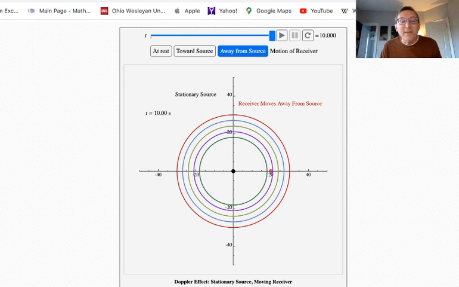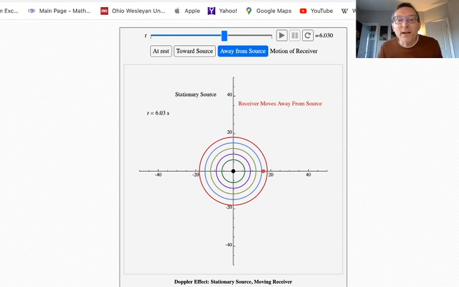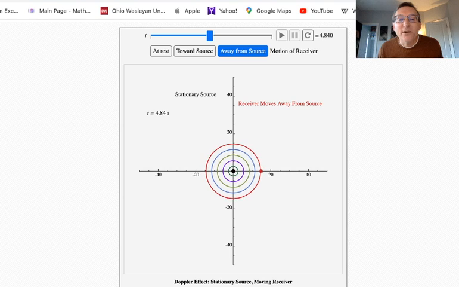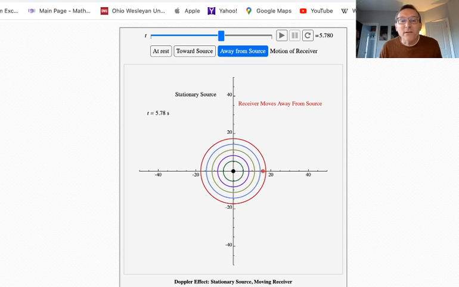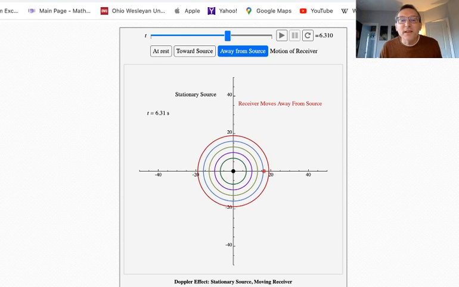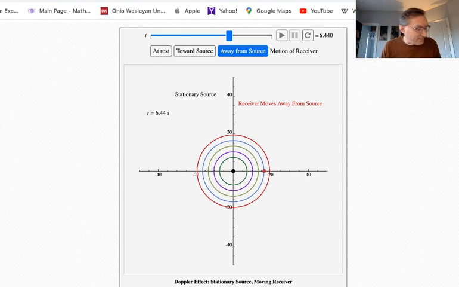You can try to estimate the period here by starting with the first wavefront where it's centered on the receiver, roughly about at that time, and then how much time elapses until the next wavefront is in the center of the receiver. About that. And I will just tell you that amount of time is 1.5 seconds.